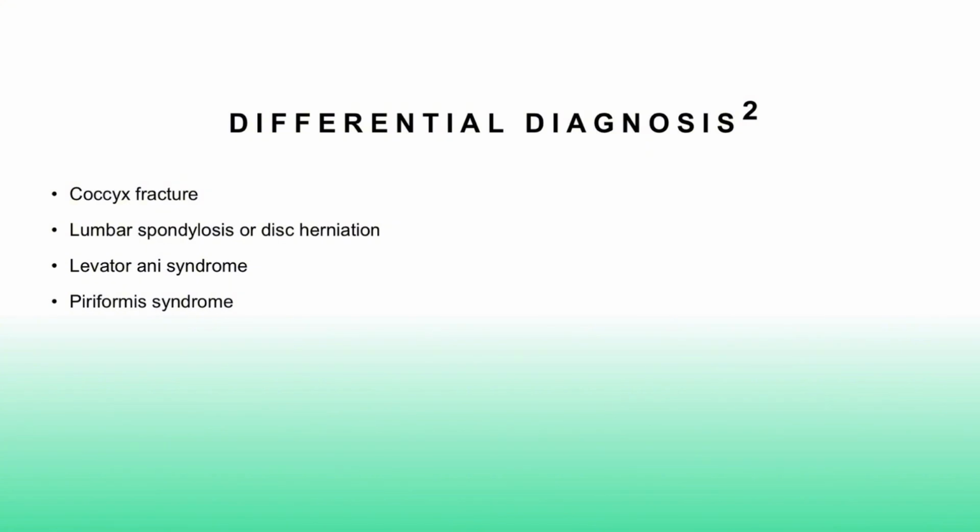You also have levator ani syndrome and piriformis syndrome. For all of these conditions, it will be important to pay attention to what the patient is saying in the examination, because the pain they're experiencing and the location of the pain will determine where or guide our clinical intervention.